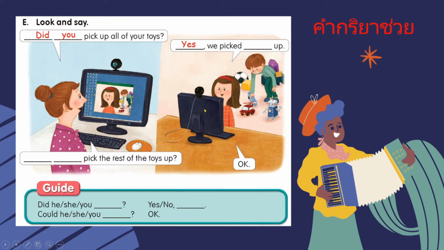Answerable in the guide: yes, we picked them up, which refers to the toys. And she made a follow-up question saying, blank, blank, pick the rest of the toys up. She used the guide, saying, could you pick the rest of the toys up? And she answered, okay.